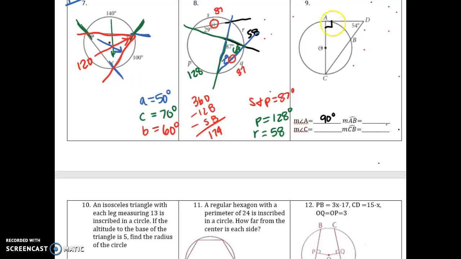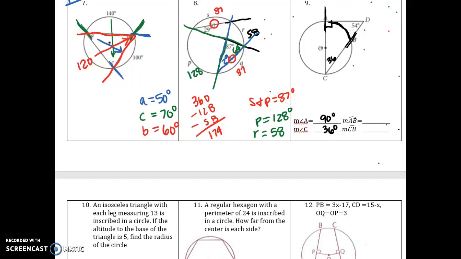And then the measure of arc AB is right there. So to find AB, I really have to work backwards inside this triangle and take 90 and 54 away from 180. So we get 36 for this guy, which is the measure of angle C. Now that we know C, we can find AB because that would be double because it's inscribed on that arc.